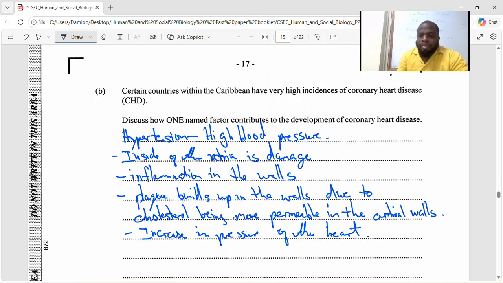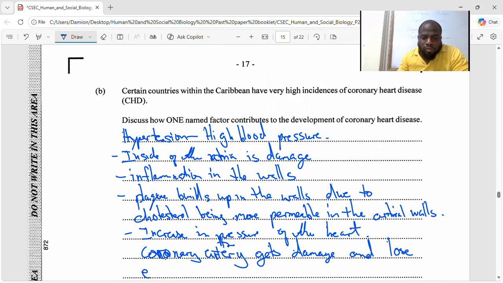So when you increase the pressure of the heart, the coronary arteries are now pumping the blood harder than they should, doing more work than they should.